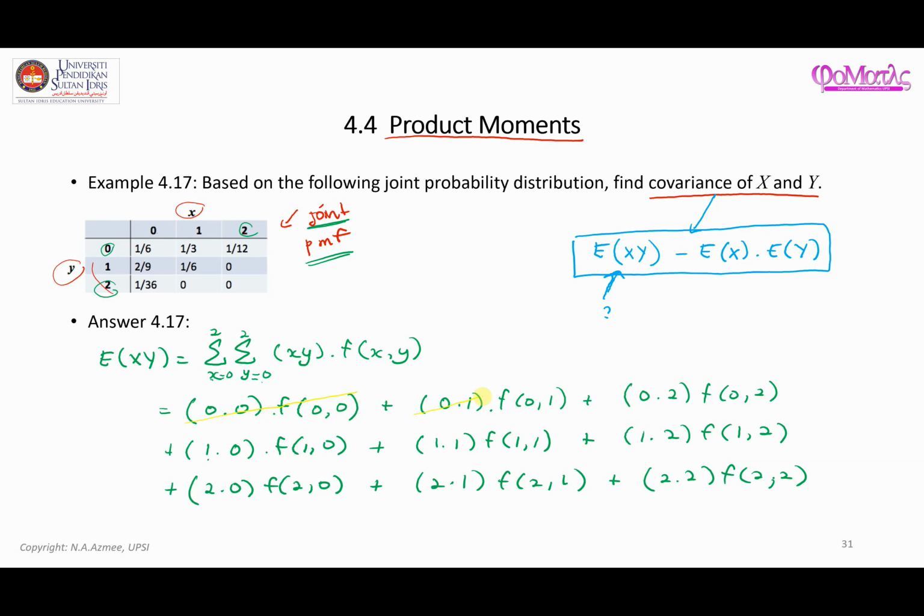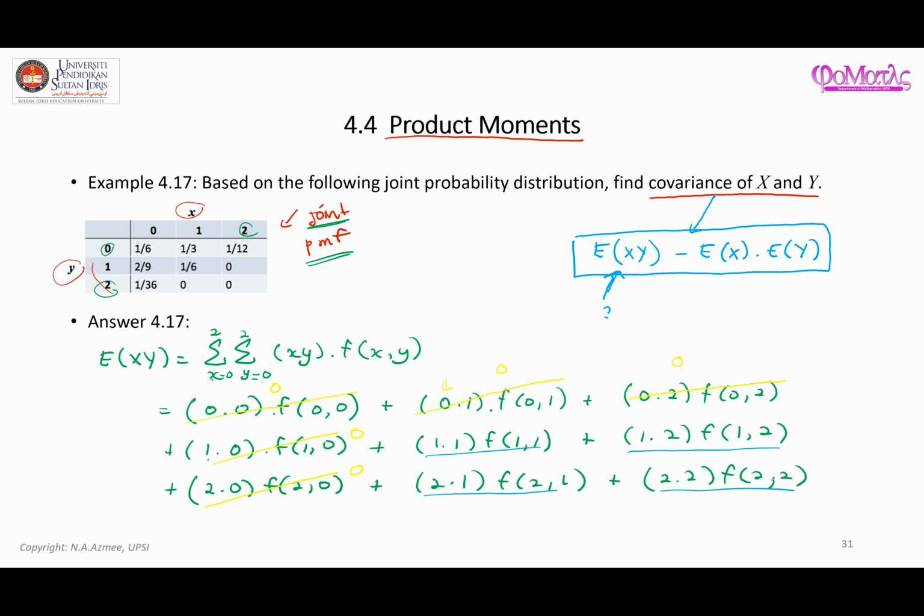This one can be cancelled out because of this 0, this one results in 0 immediately, and this one and this one also result in 0. Now we are left with just 4 more terms to consider: 1, 2, 3, and 4.